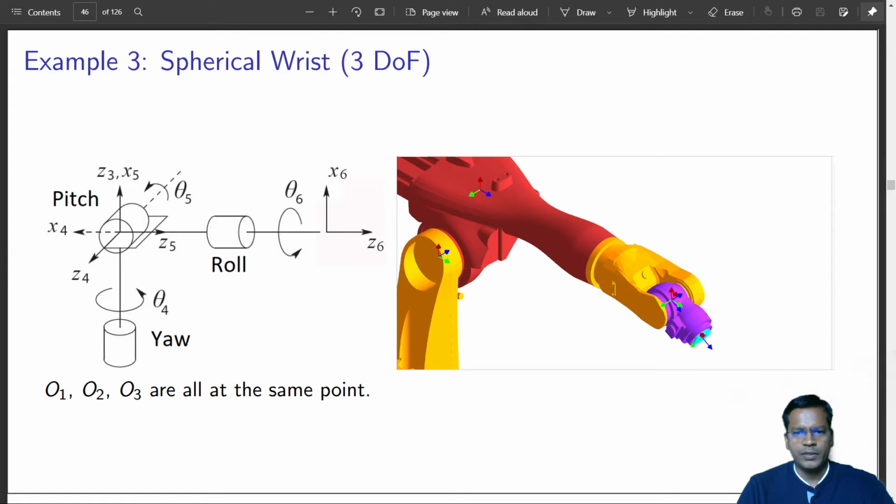I hope it is visible. If not, do let me know. Okay, so this is the second axis about which it is rotating. So it is this axis. And if I stop everything now, I'll just rotate the end effector link now.